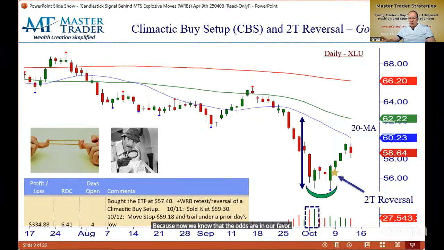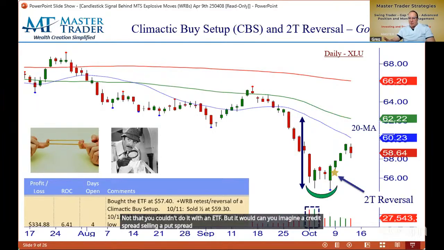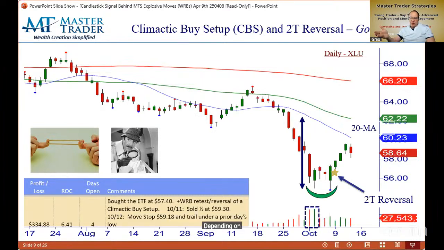And this was an ETF trade, so it was bought. But if it was a stock, not that you couldn't do it with an ETF, can you imagine a credit spread, selling a put spread, which is just a matter of selling a more expensive option and then buying a less expensive option, and the difference goes into your account depending on if it stays where you think it will.